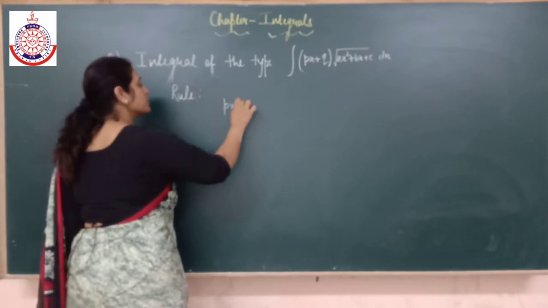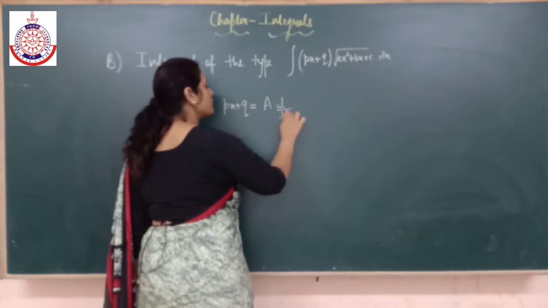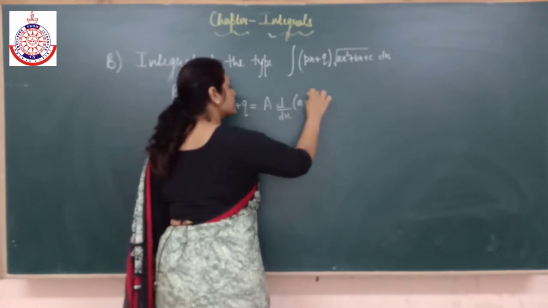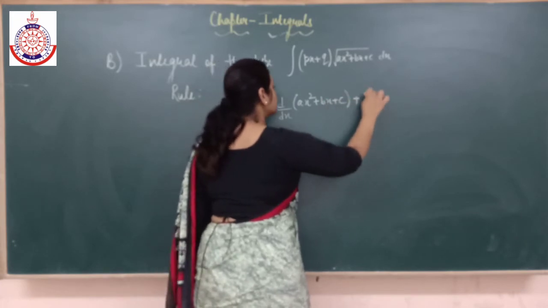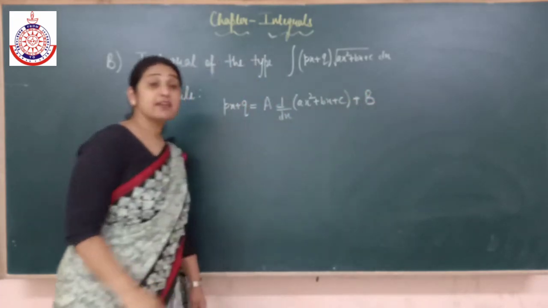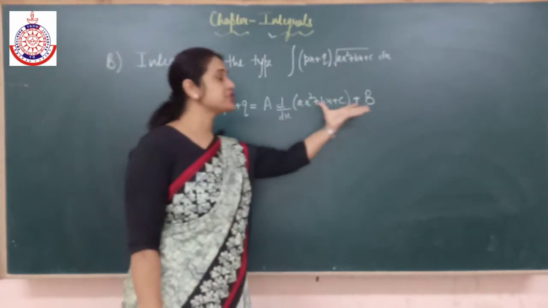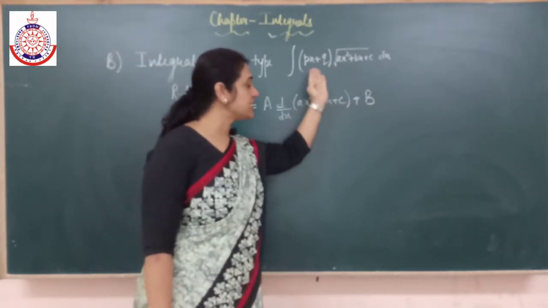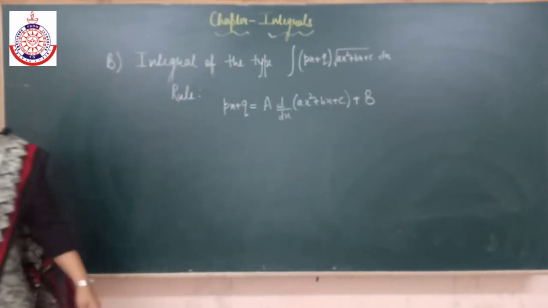The linear part will be written as a into differentiation of ax square plus bx plus c, plus b. Then we have to find the values of a and b. This part would be split into two parts. One would be its differentiation and one would be simple constant, and then we will proceed.